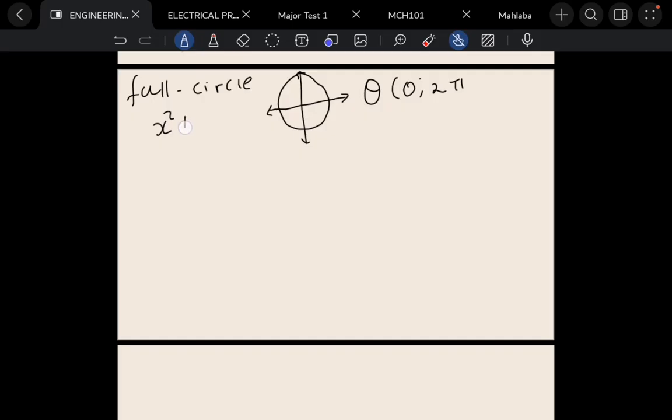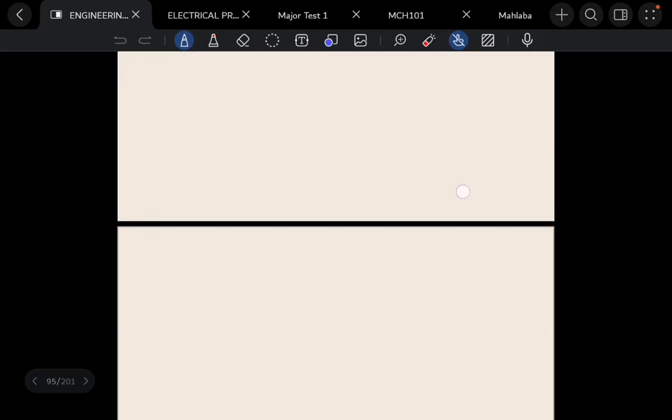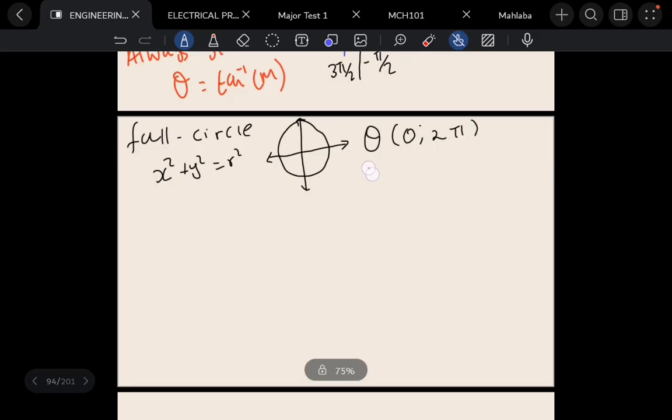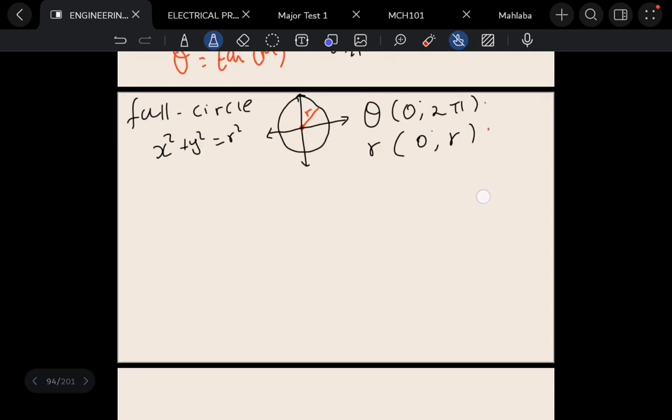It's given by x squared plus y squared equals r squared, and your r will range from 0 to r. Keep in mind that r is the distance from the origin to the outermost part of the region. So whenever you're integrating over a full circle, these are the bounds.